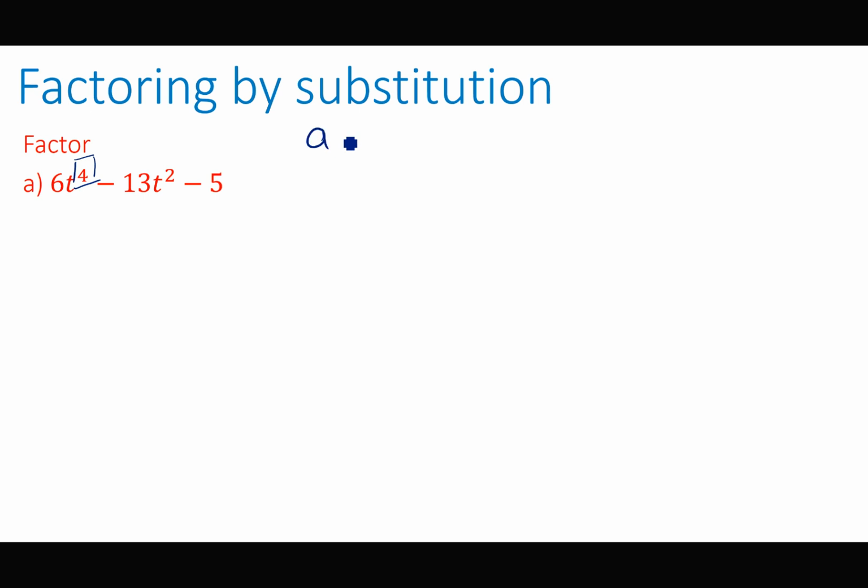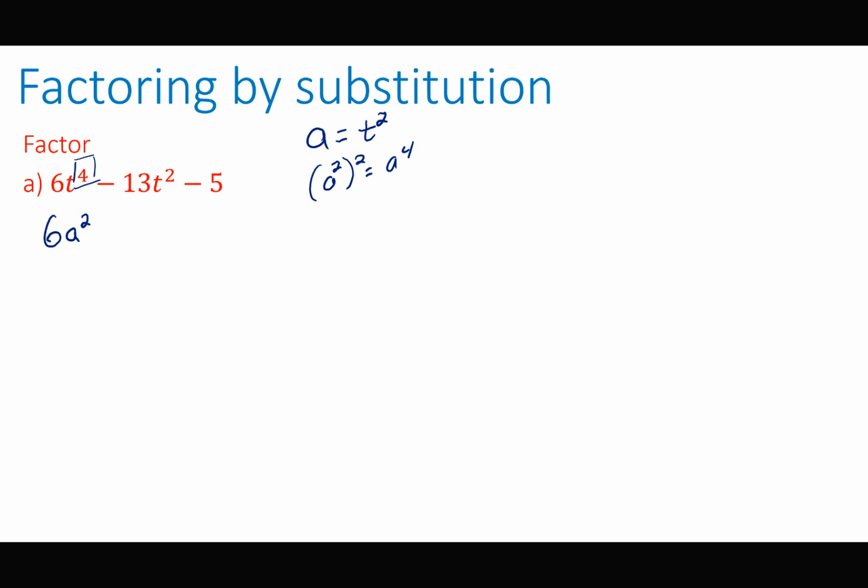Another option I have is using substitution. I'm going to say that I'm going to use a to represent t squared. So anywhere I have a t squared, I'm going to call that a. So now this becomes 6 times a squared, because a squared squared would be a to the fourth, so that's where I want to get right back to.